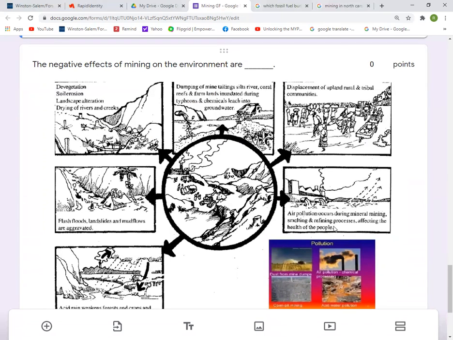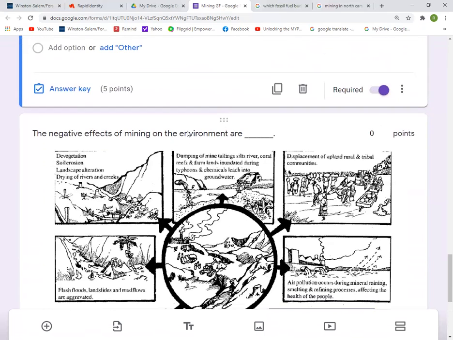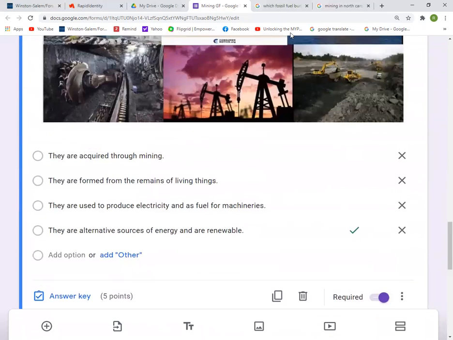Now, are there things being done in order to alleviate the negative impact of mining to the environment? Yes, there are. The things that they're doing includes the process of restoring the mined area so that it can become like as it was before, and that is called land rejuvenation.